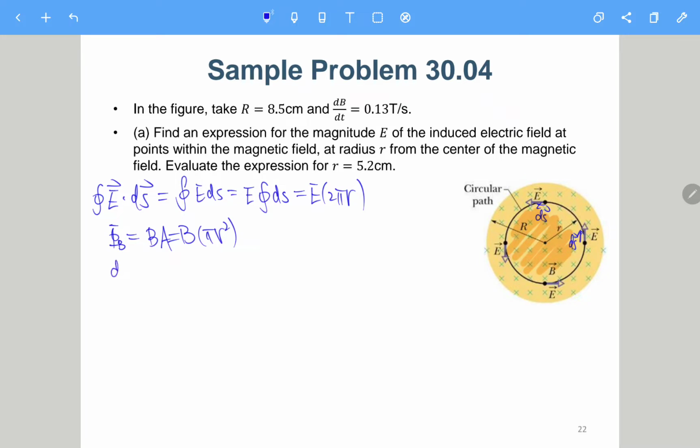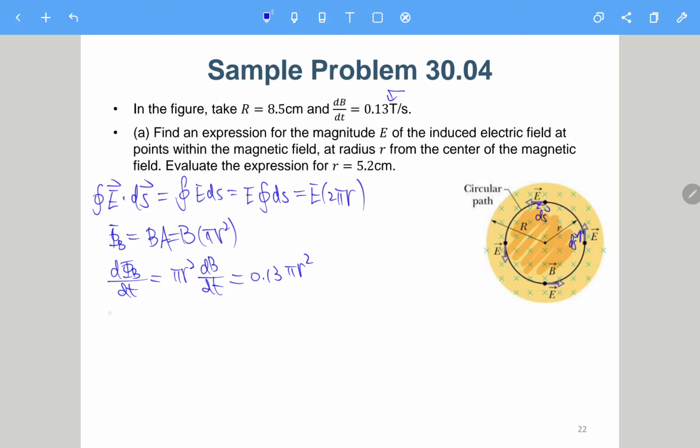Okay, so let's take the derivative of the magnetic flux with respect to time. Pi r squared is a constant with respect to time, so it is nothing but pi r squared and then dB/dt. Given by the question, it is 0.13, so it is 0.13 pi r squared.